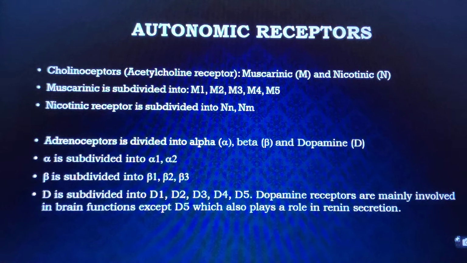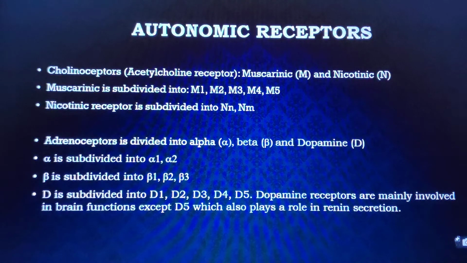Similarly, in the sympathetic system, the adrenoceptors are divided into three main components: one is alpha, the other is beta, and the third one is dopamine. Alpha is subdivided into alpha 1 and alpha 2. Beta is subdivided into beta 1, beta 2 and beta 3.